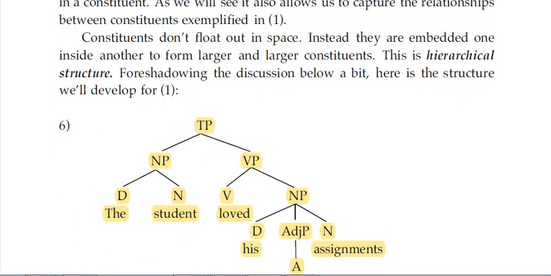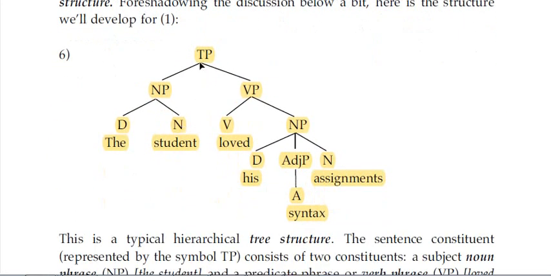And if we look at this one, we have this complete tree structure, or phrase structure tree. We have TP, tense phrase, and then we have a noun phrase underneath, and a verb phrase. In the noun phrase we have determiner and then noun, and for the verb phrase we have verb, noun phrase, and then the noun phrase is divided again into determiner, adjective phrase, and then noun.